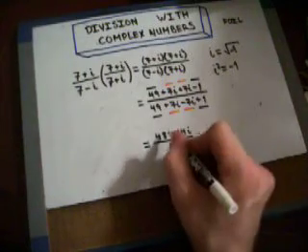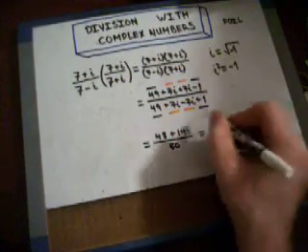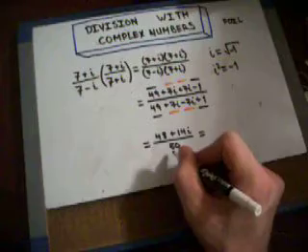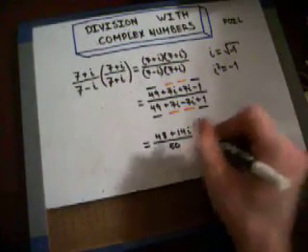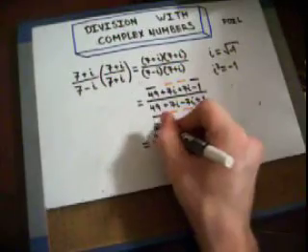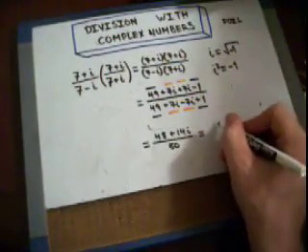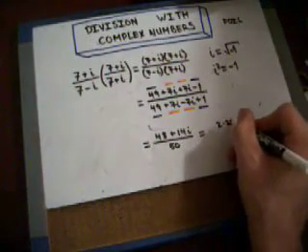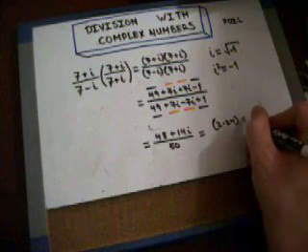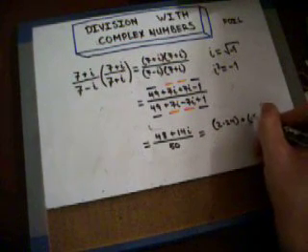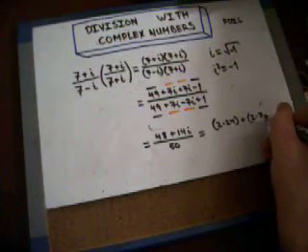Well, what we can do is factor some stuff out. I'm going to do this a little bit the long way. This 48 over here we can think of as 2 times 24. And this 14i we can think of as 2 times 7i.